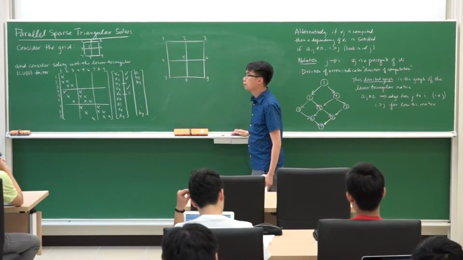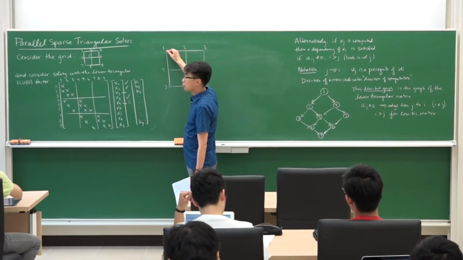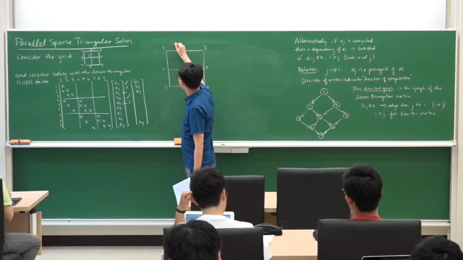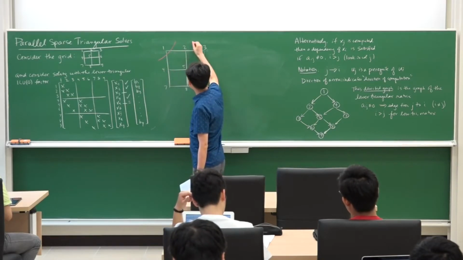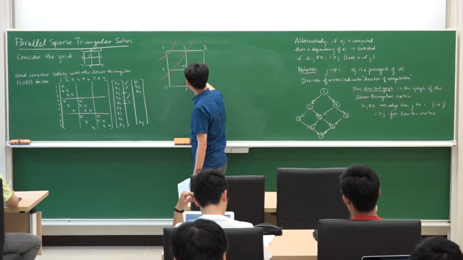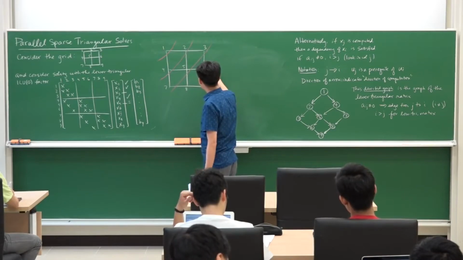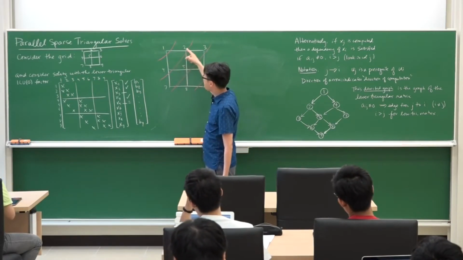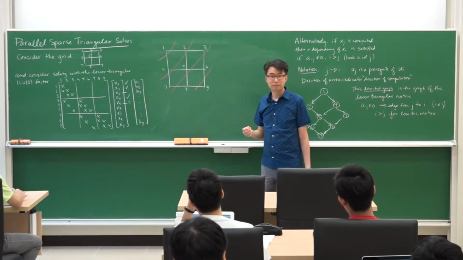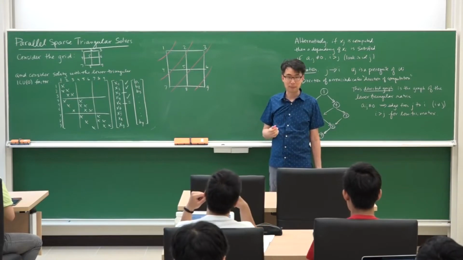Right. And we took a number of parallel steps. In the first step, we solved for the first node. And in the second step, we solve for these two nodes, 2 and 4. And in the third step, we solve for 3, 5, and 7. And then 6 and 8, and then finally 9. So these nodes that can be computed at the same time are sometimes called a level.